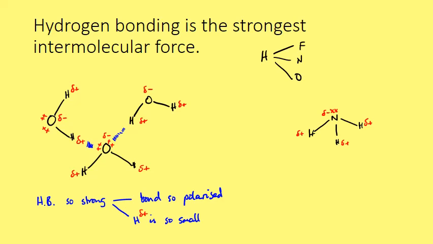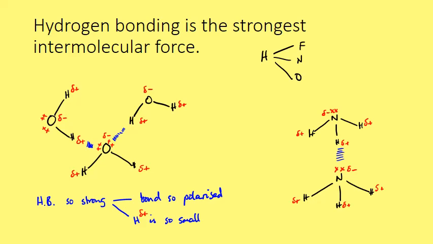And so in the same way as these delta positive hydrogen atoms made a bond with the lone pair of an oxygen atom in water, they make a bond with a lone pair of nitrogen in an ammonia molecule. Like that.